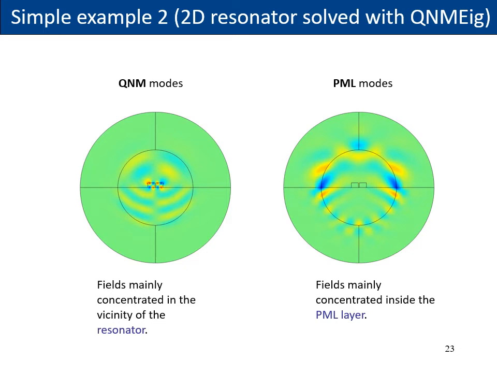This is because for most systems, the main feature of your optical spectrum is dominated by the QNMs, and the PML modes only give a featureless or flat contribution to your optical spectrum, which is therefore less interesting. However, distinguishing these two kinds of modes is always a very tedious job, especially when you have computed a large number of modes.